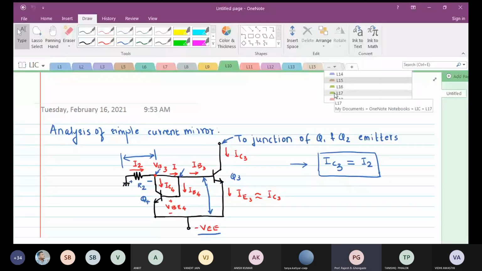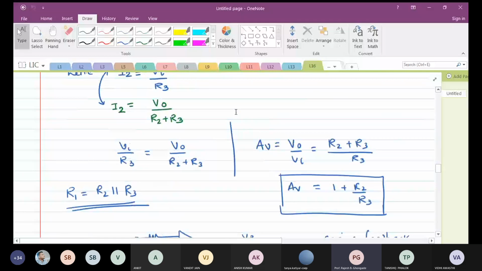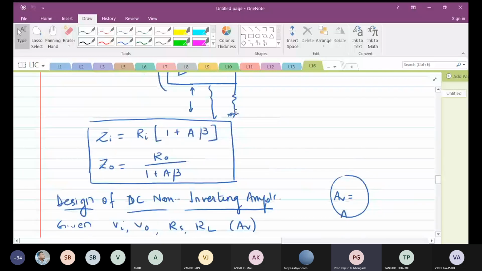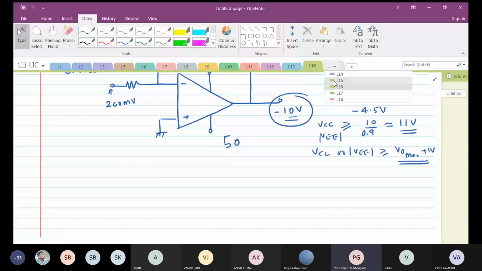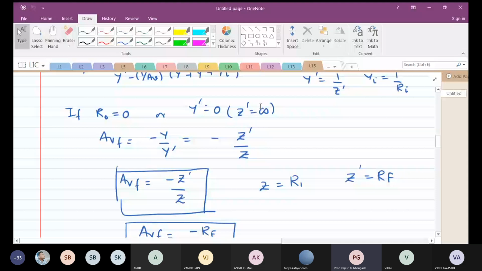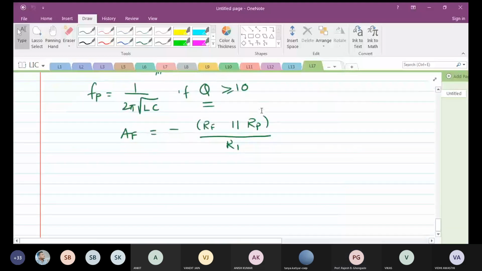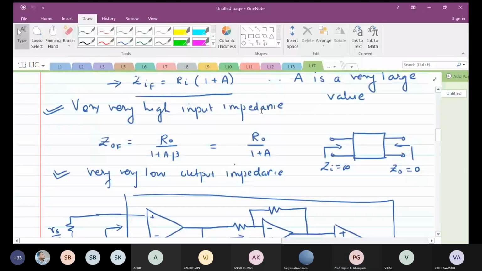Which lecture was it? I don't remember now. But we had a table which we prepared after we finished with the design of inverting and non-inverting amplifiers. Somebody must have taken down the notes. Yeah, here. We got it.